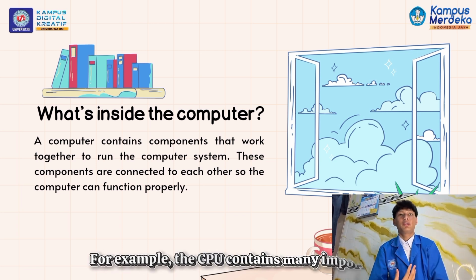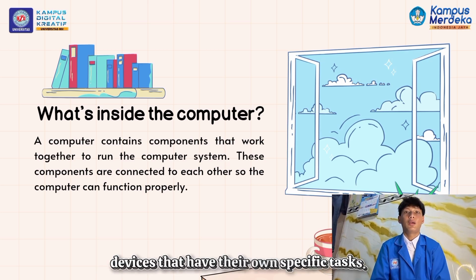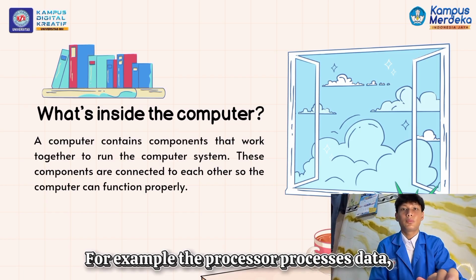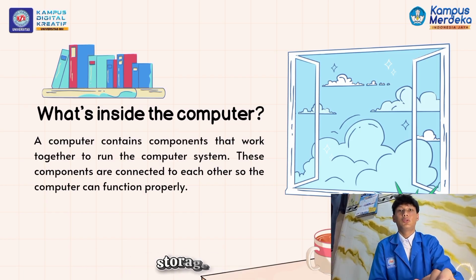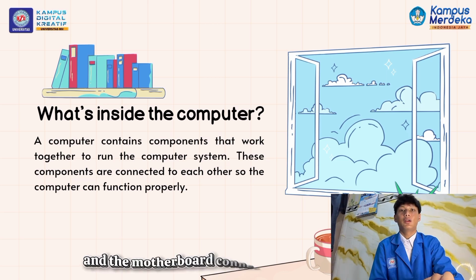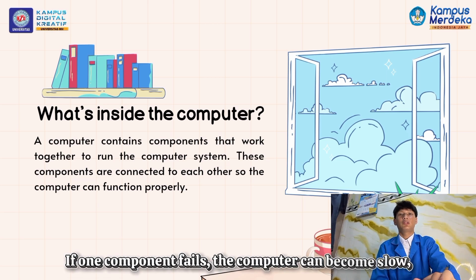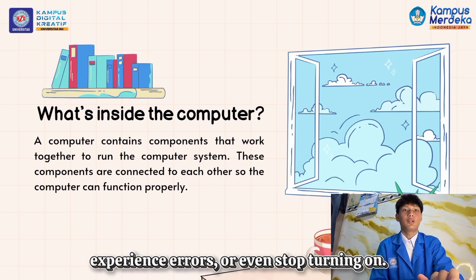For example, the CPU contains many important devices that have their own specific tasks. The processor processes data, RAM determines the speed of processing, storage is for storing data, and the motherboard connects all the components. If one component fails, the computer can become slow, experience errors, or even stop turning on.